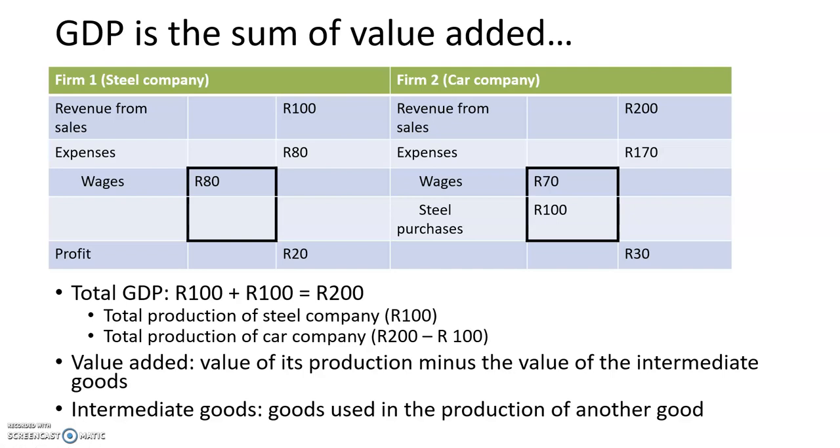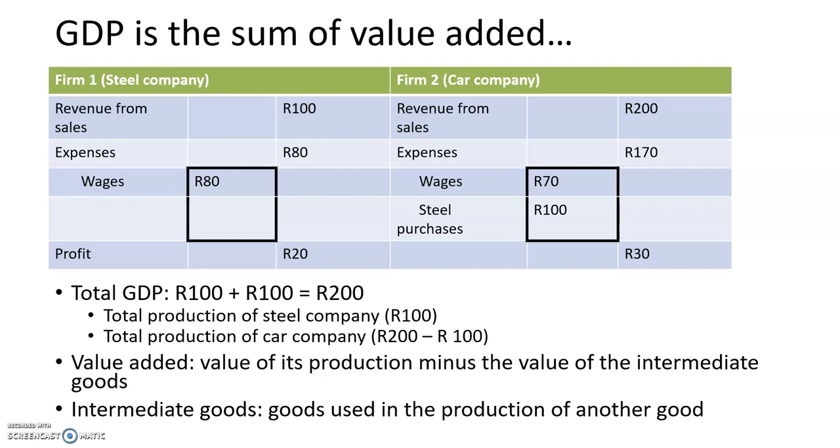GDP is the sum of value added. The term value added means exactly what it suggests. The value added by a firm is defined as the value of its production minus the value of the intermediate goods used in the production. In our two firms example, the steel company does not use intermediate goods.